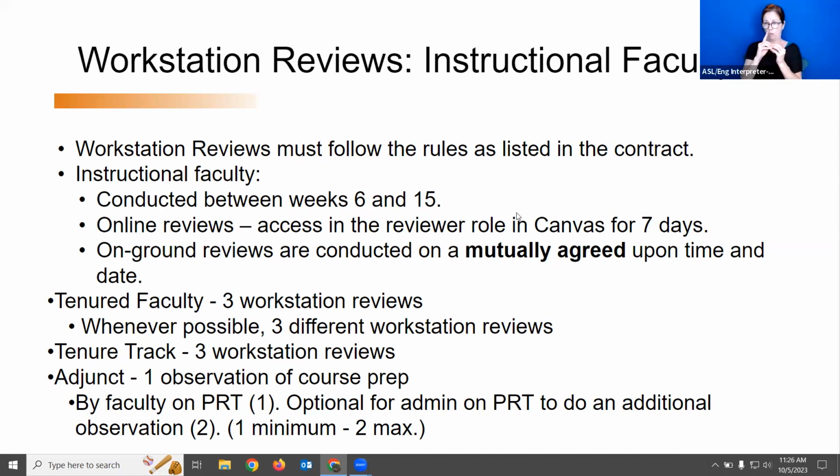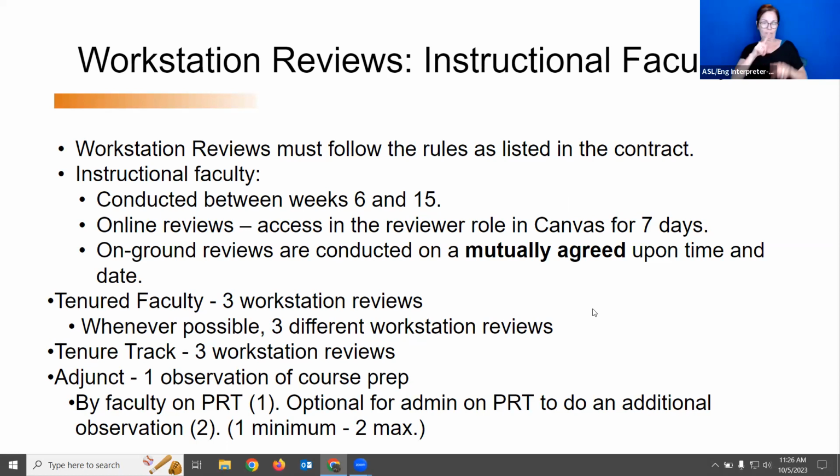Is Canvas access required for the reviewer, or is it sufficient for the person being reviewed to walk you through their online course? For an online class, it's absolutely mandatory. For the on-ground classes, no. For hybrid, it depends on how the committee is reviewing it.